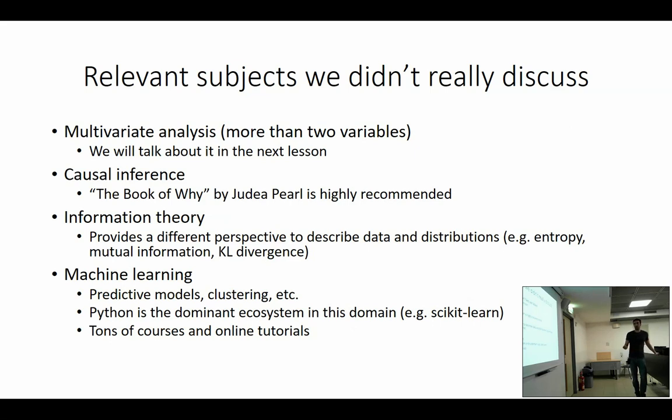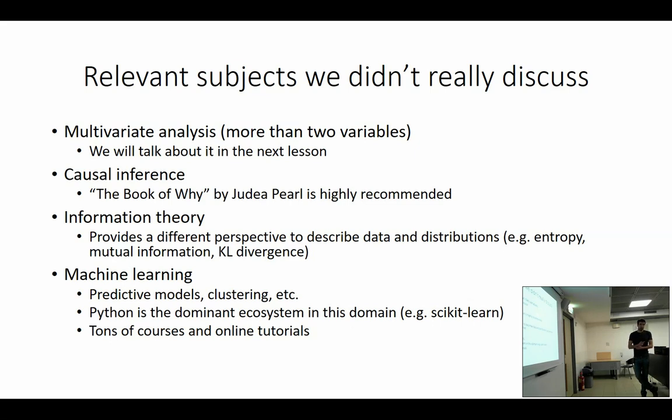So we did speak a little bit about entropy, but also things like mutual information and KL divergence and stuff like that. Again, this can be an interesting other way to look at data, and I think this can be relevant if you want to look into it.